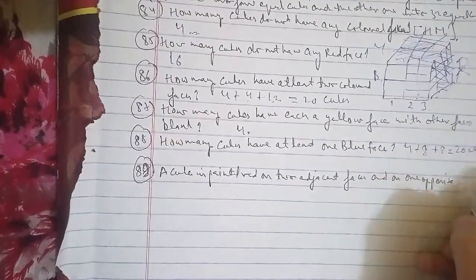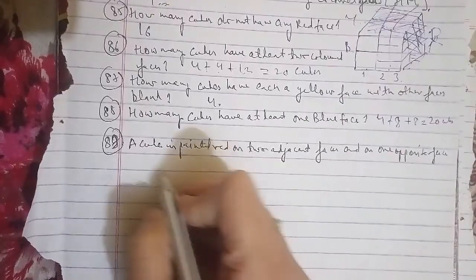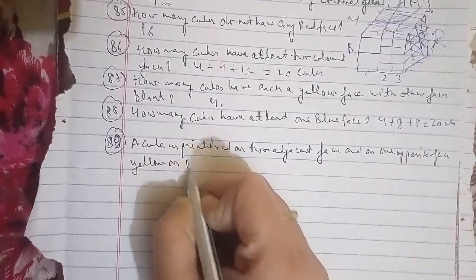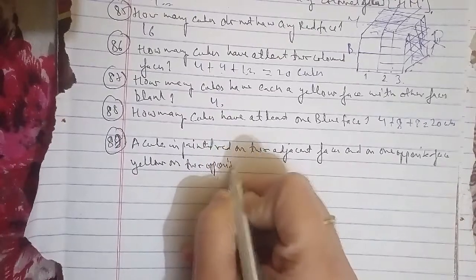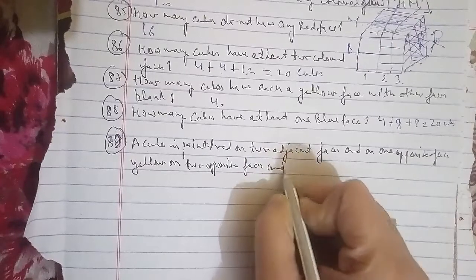It is then cut into 64 equal cubes. This has been asked in the SSC examination paper as well.